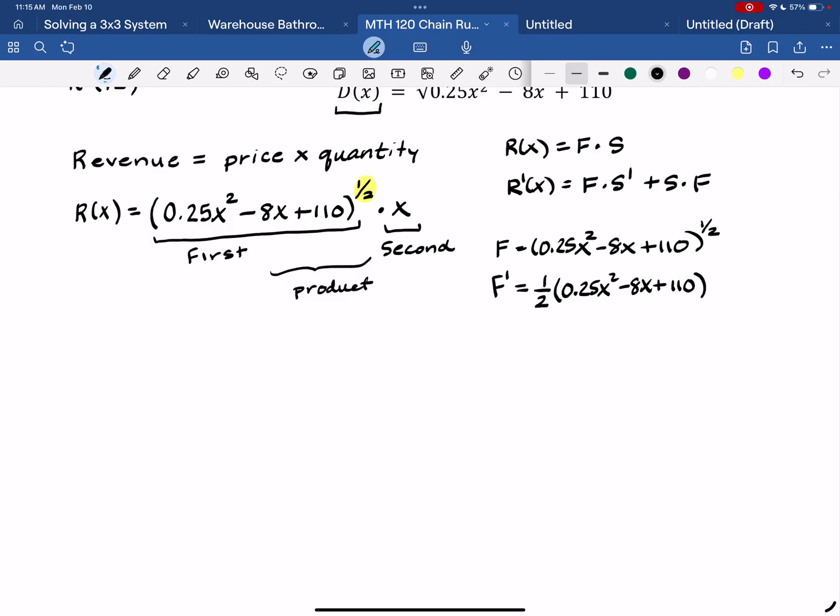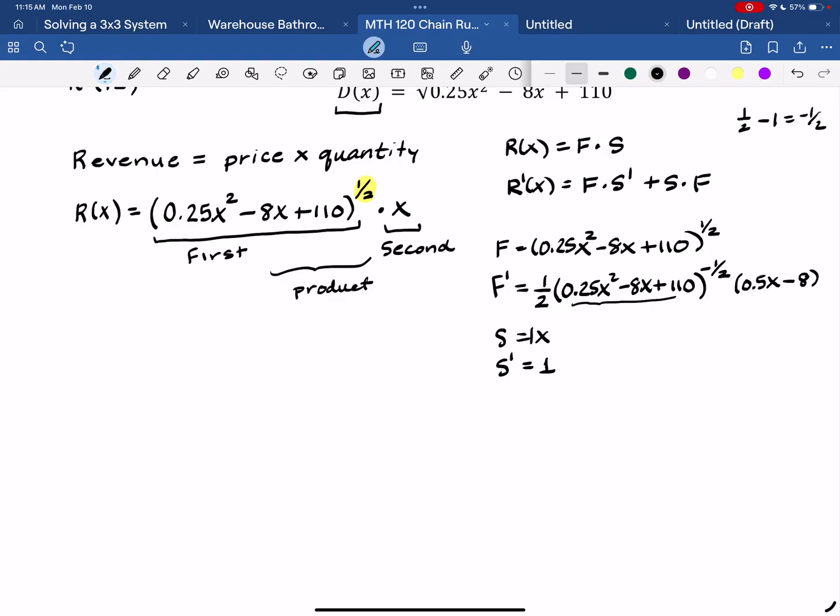Now I have to subtract 1, and 1/2 minus 1 is negative 1/2. So now I have a power that's negative 1/2. And I have to chain rule, so I've got to go in here and take the derivative of the internal part. So that's 0.5x minus 8. So all of that is the derivative of that first function. Now the second one's much easier because the second one is x. So its derivative is just 1, right? Because there's a 1 coefficient in front of that x.